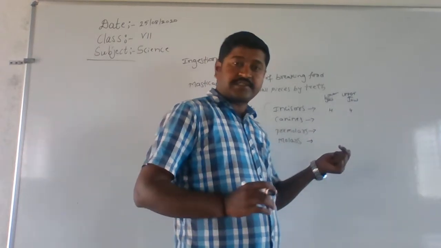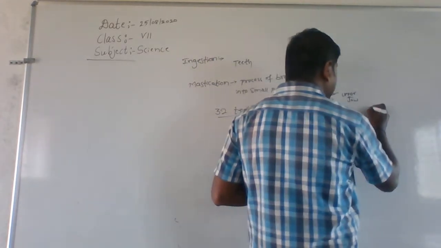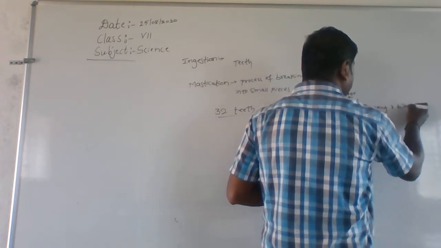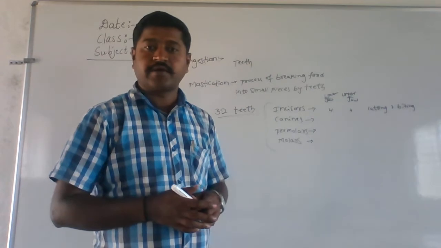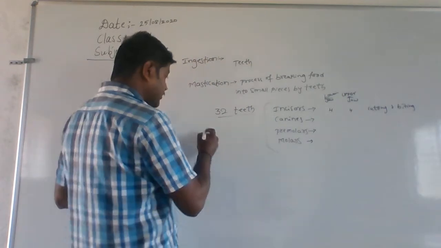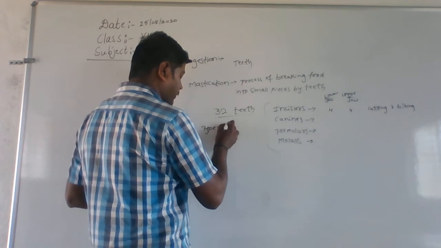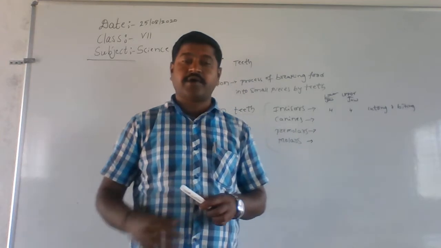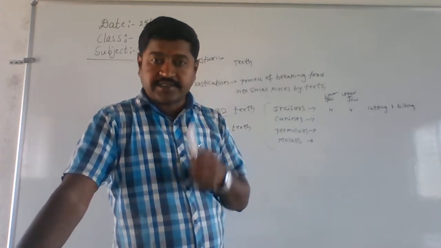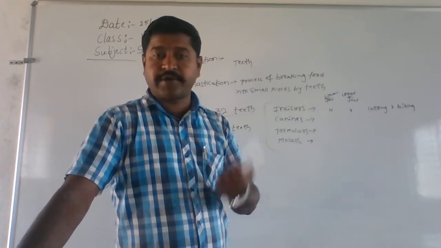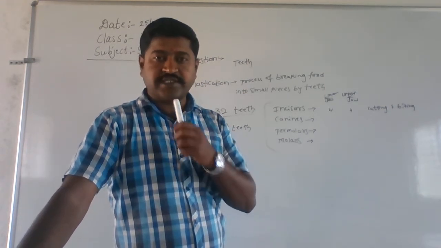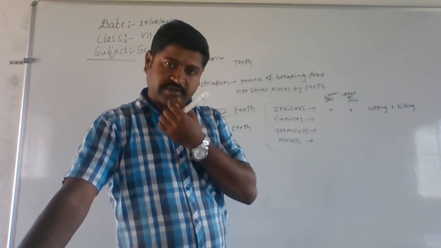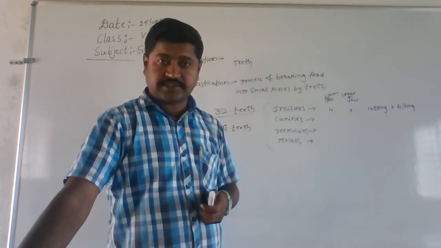The incisors are cutting and biting the food. You can look at the diagram of types of teeth to understand where incisors, canines, premolars, and molars are located. Incisors are the front 4 teeth.